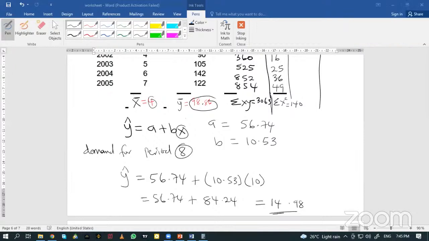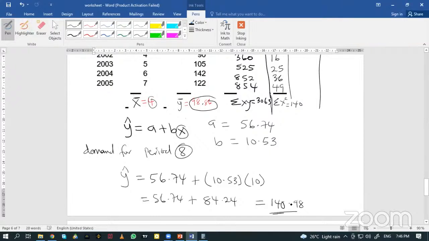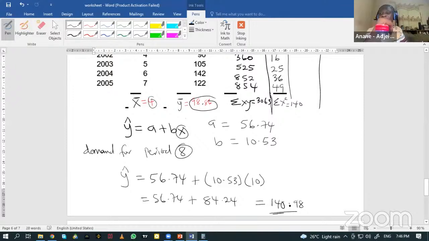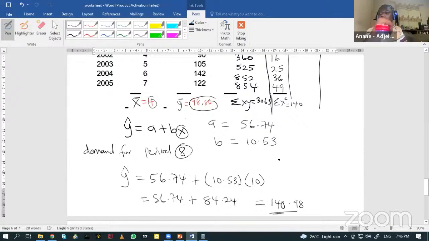You said A is equal to Y bar minus BX. But in the computation, you input the value for X bar. I'm a bit confused. Which computation? When we were finding the value for A. The value for A, yes.